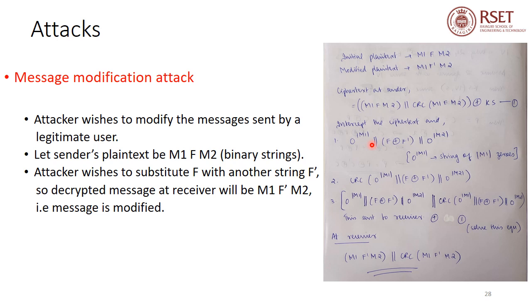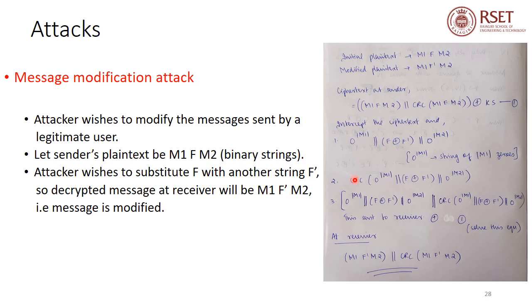Here 0 raised to mod M1 means a string of mod M1 zeros, where mod M1 is the exact length of the binary string M1. So that many zeros concatenated with F XOR F dash, and then again concatenated with 0 raised to mod M2. This new string is created.